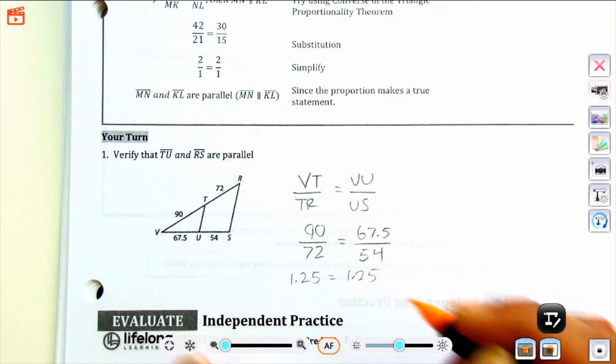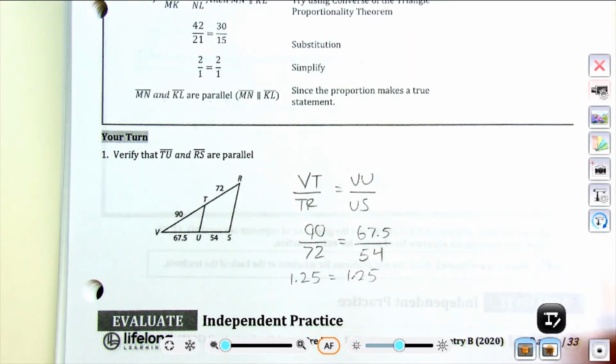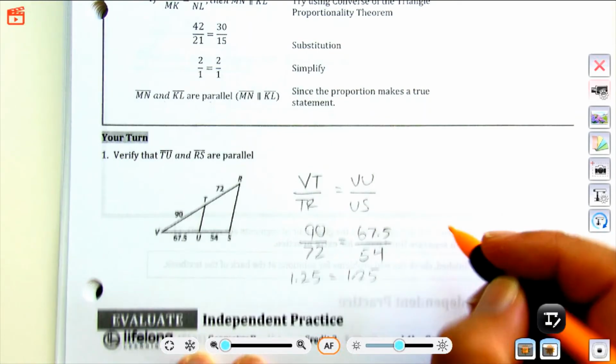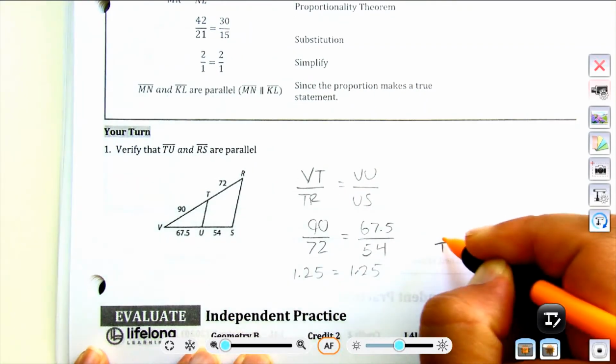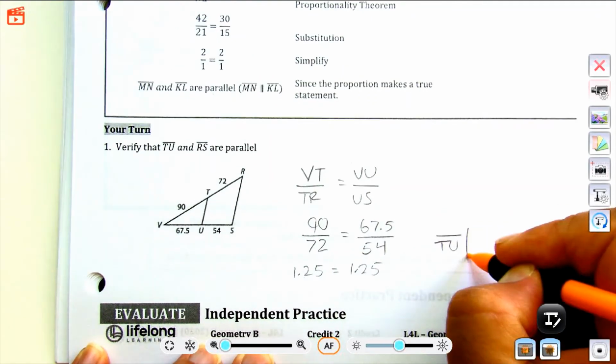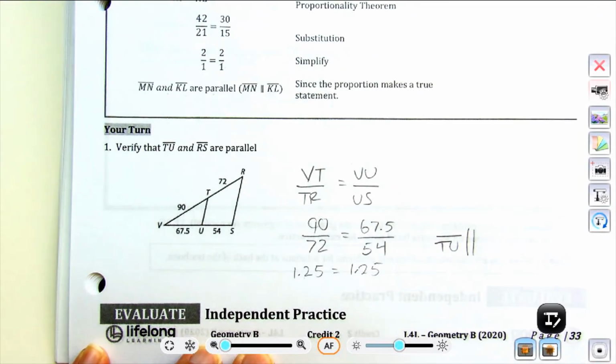Notice that these two sides are equal to each other, so that means that TU is parallel to RS. The way you write it is you put TU, then you put the parallel symbols, and then you put RS.